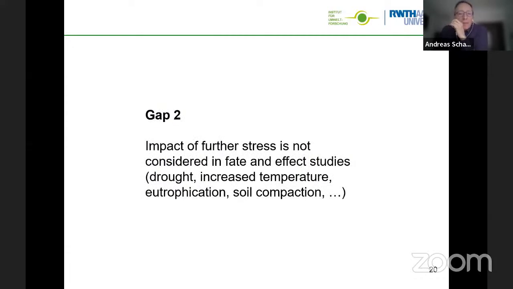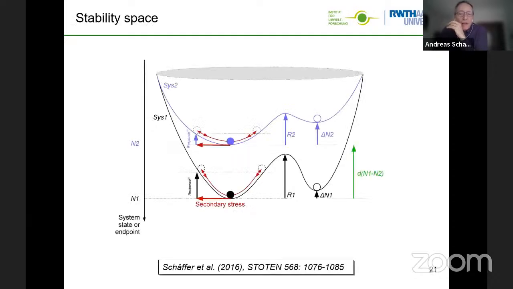Gap 2, a further gap. Impact of further stress is not considered in fate and effect studies. And by further stress, I mean drought, increased temperature, eutrophication, or soil compaction. You see here on this axis what we call the system state of an ecosystem.